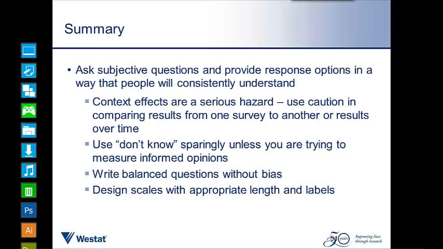They can be a serious problem, especially if you're comparing results from one survey to another or results over time. You want to look at the entire questionnaire and how the question fits into the context of the survey. We recommend that you use don't know options sparingly. Do not use them often unless you're really trying to measure the percent of the population that truly does not have an opinion on that topic.